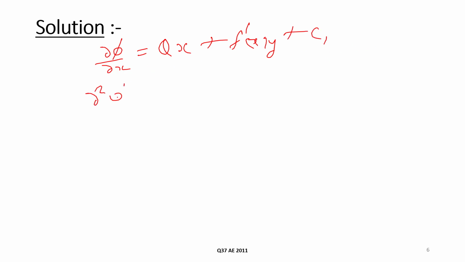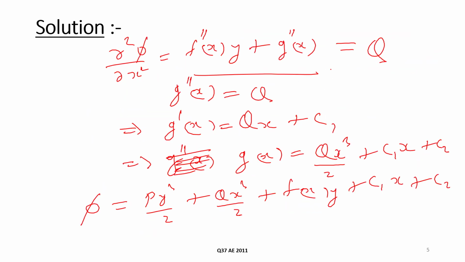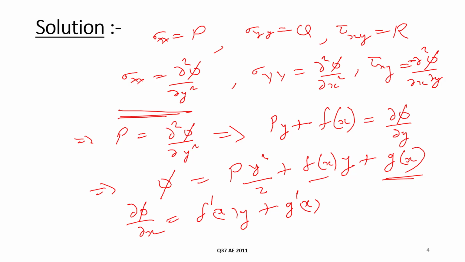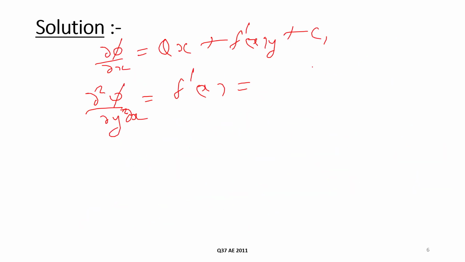We will differentiate with respect to y now. So we will get this term as 0, this term will also be 0, and this will be f'(x). So this is ∂²φ/∂y∂x. So it will be equal to minus r, because ∂²φ/∂x∂y equals minus tau xy, which is minus r. So what will be f(x)? f(x) will be minus rx plus some constant c3.